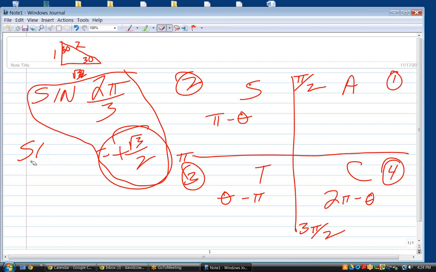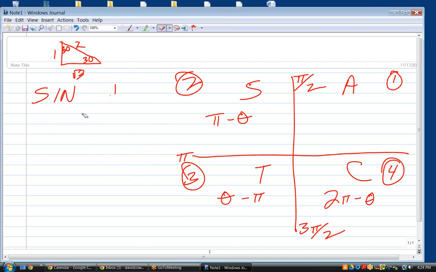And that's the way we do every one of them. First of all, we figure out which quadrant it's in. Then we convert it to a first quadrant angle to come up with its numerical value. And then we attach the sign based on All Students Take Calculus. So we can do that for every single one. Give me another one. Okay.